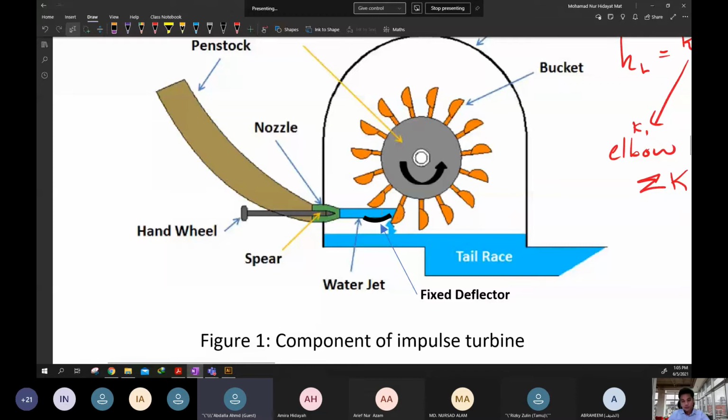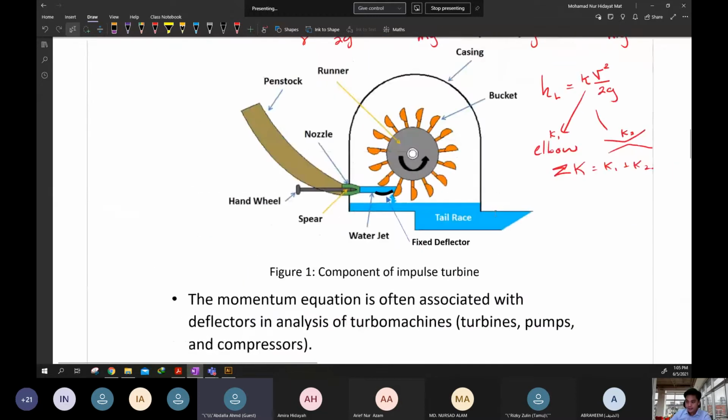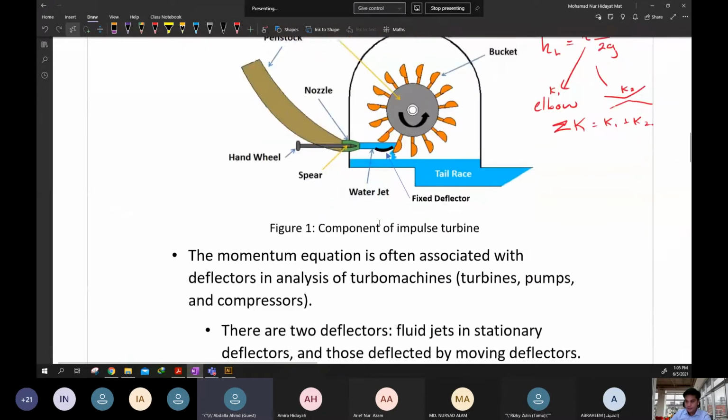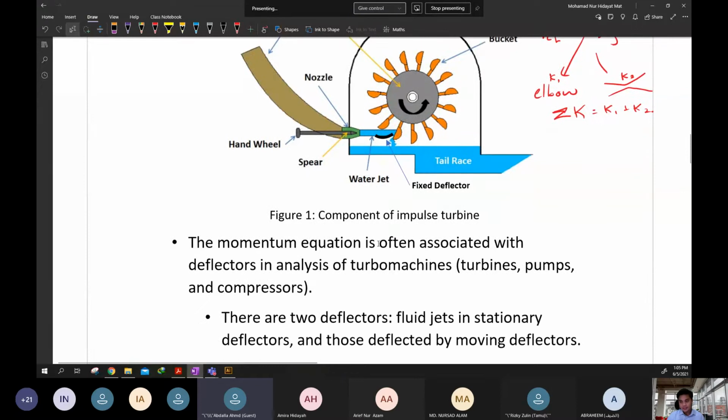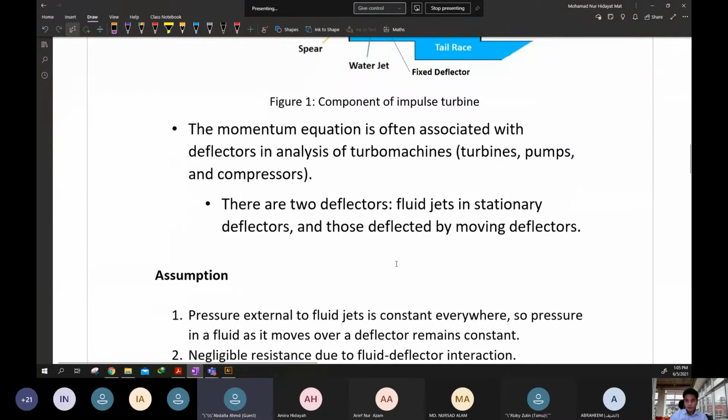All right. So based on this turbine, and then we put the deflector, the momentum equation is often associated with the deflector in analysis of turbomachinery like turbine, pump, and compressor. There are two deflectors in fluid mechanics that you're going to learn: the fixed deflector and the moving deflector.